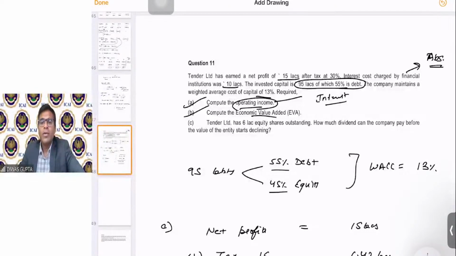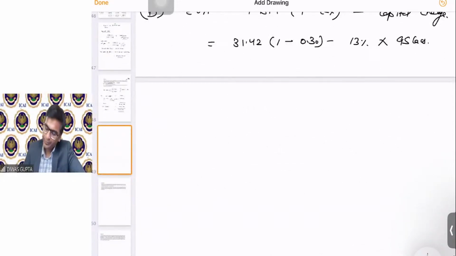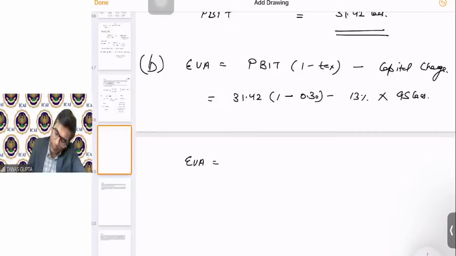So the economic value added becomes 31.42 minus 30%. That is as good as 22 lakhs minus 95 lakhs into 13%.